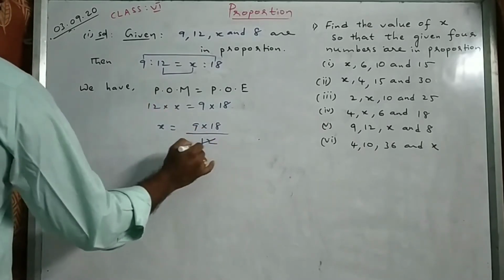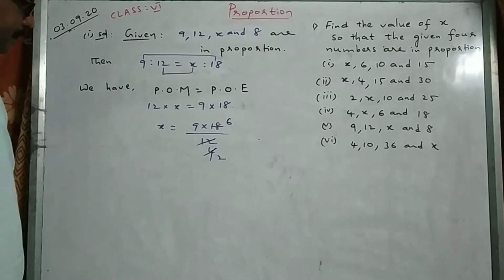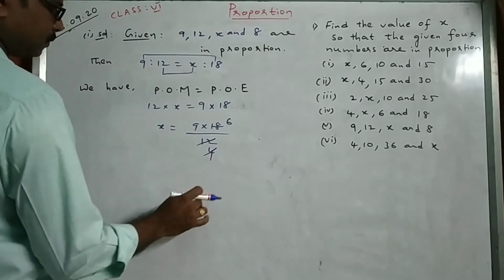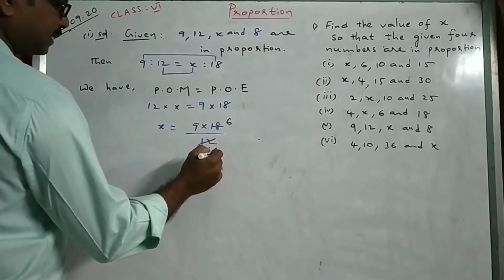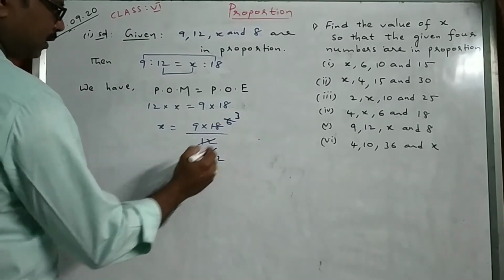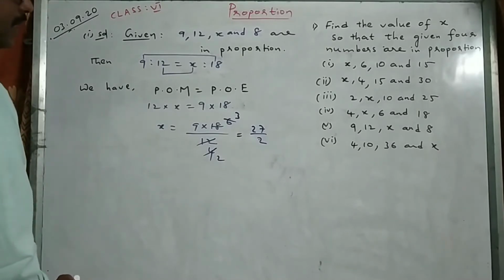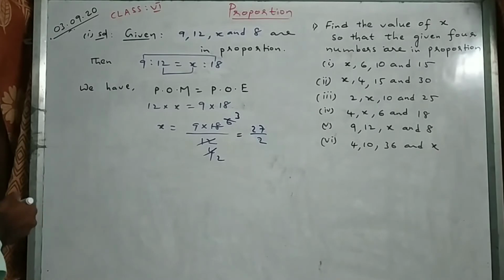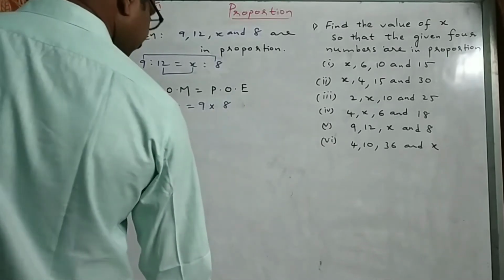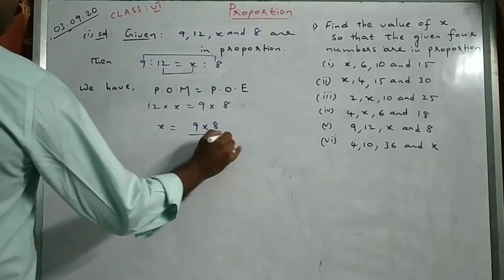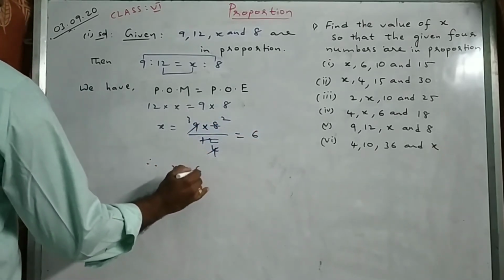Send 12 that side. 3 threes, 3 fours, 4 ones, 4 twos. So therefore x value 6.